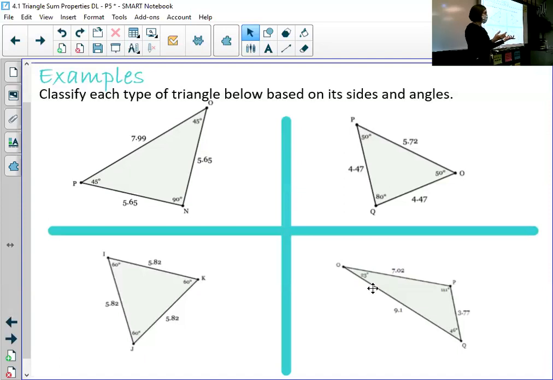Remember with sides, go back in your notes, we have scalene, isosceles, and equilateral. We have 3 choices. So with this first diagram, looking at the sides, is it scalene, isosceles, or equilateral?